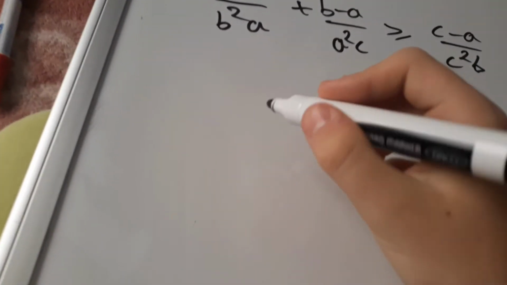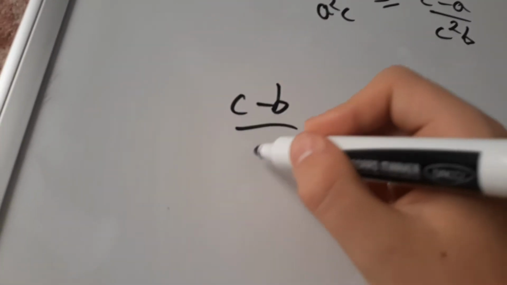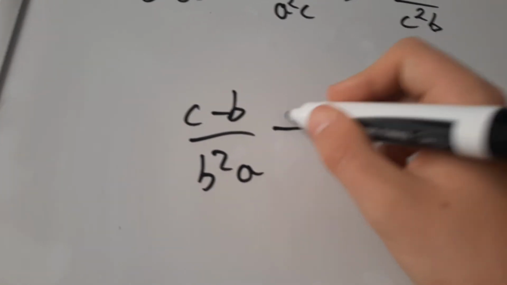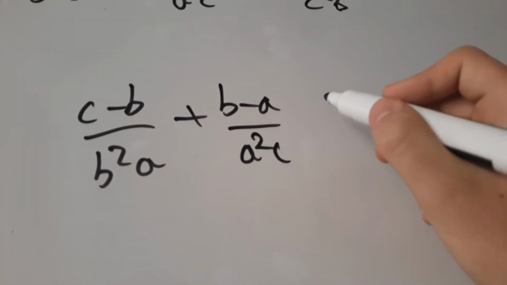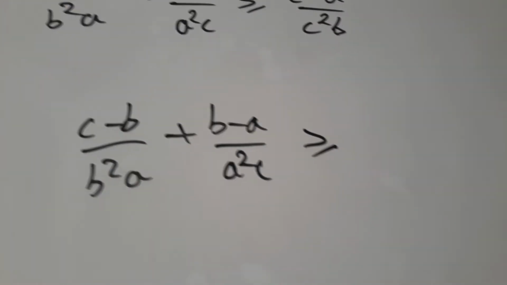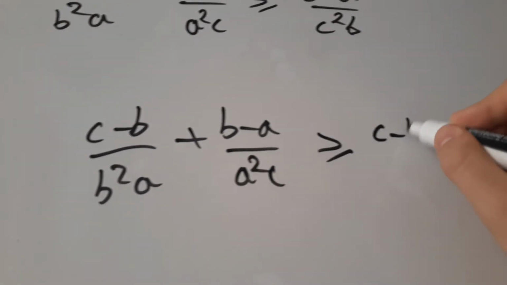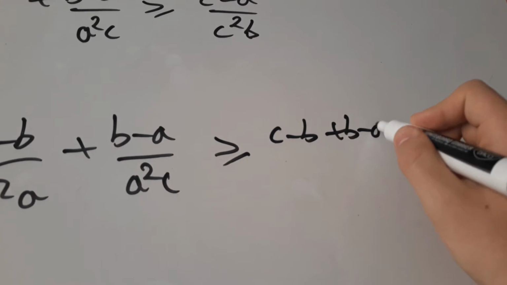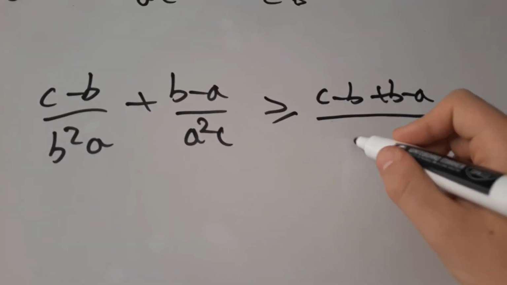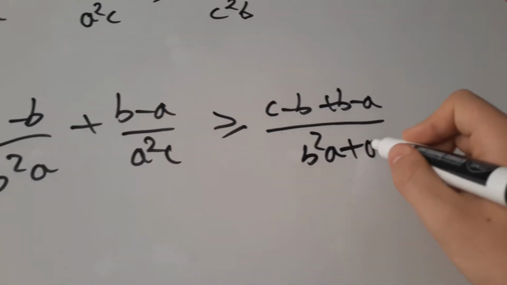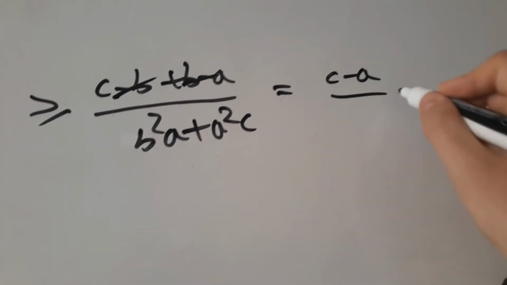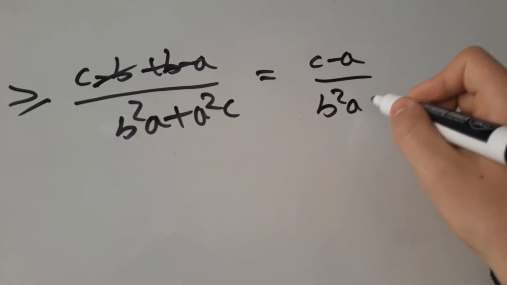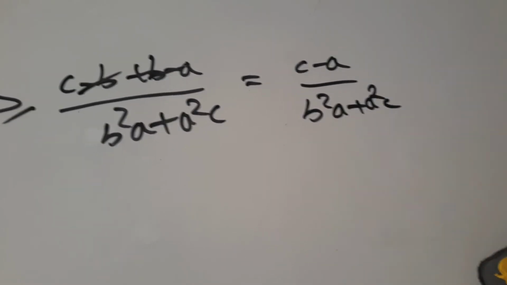In our case, we write (c minus b) all over b squared a plus (b minus a) over a squared c will surely be greater than or equal to the sum (c minus b plus b minus a) all over (b squared a plus a squared c), which is equal to (c minus a) all over (b squared a plus a squared c).